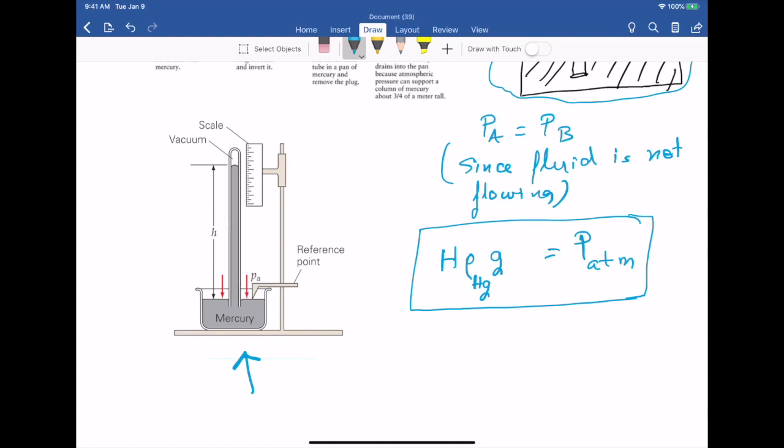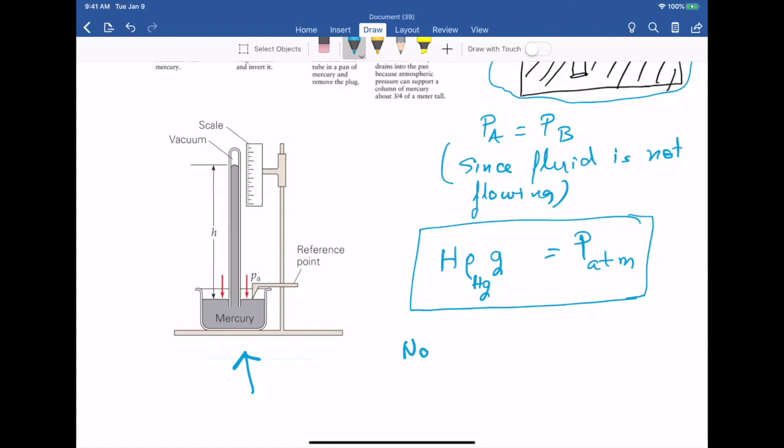It turns out that normal atmospheric pressure corresponds to about 76 centimeters of mercury. You can easily calculate that if you set P atmospheric to be the normal atmospheric pressure, which is 101.3 kilopascals. You can look up the density of mercury, you know what the value of g is, so you can solve for h.